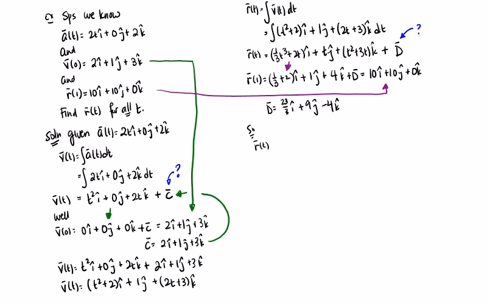That d will get plugged right back into there, and then tidied up. So we get 1/3 t cubed plus 2t i plus t j plus t squared plus 3t k plus this d that we just found.